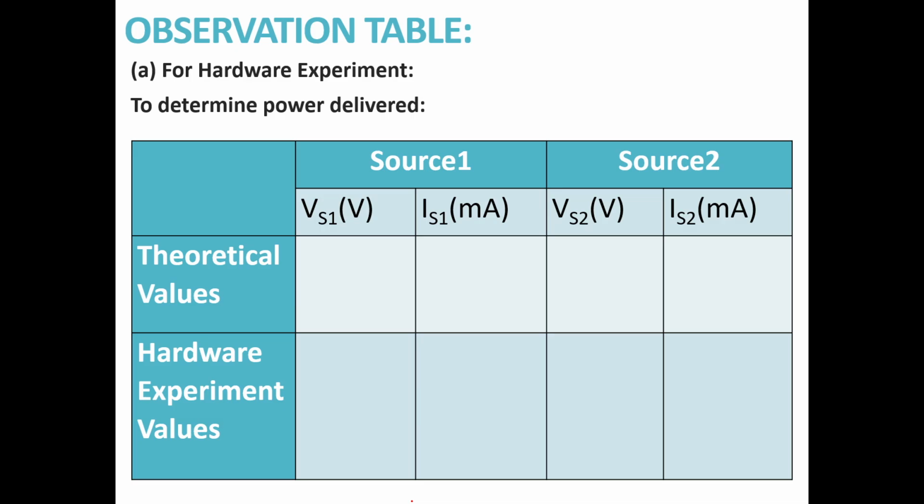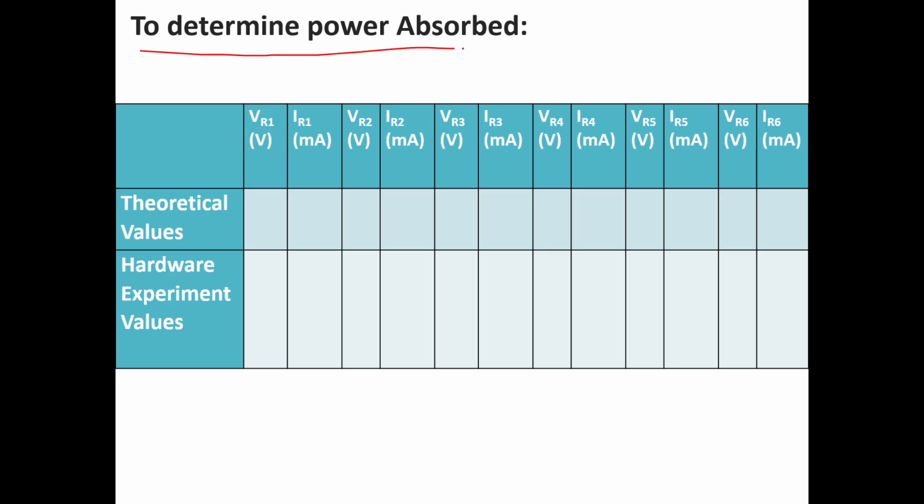You can pause the video and just copy it down. Next, to determine power absorbed: voltage across resistor 1, current flowing through resistor 1, voltage across resistor 2, current flowing through resistor 2, voltage across resistor 3, current flowing through resistor 3, voltage across resistor 4, current flowing through resistor 4, voltage across resistor 5, current flowing through resistor 5, voltage across resistor 6 and current flowing through resistor 6.